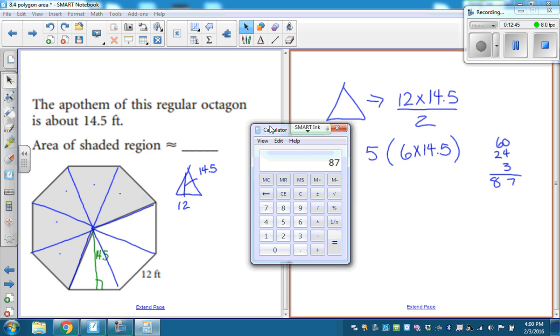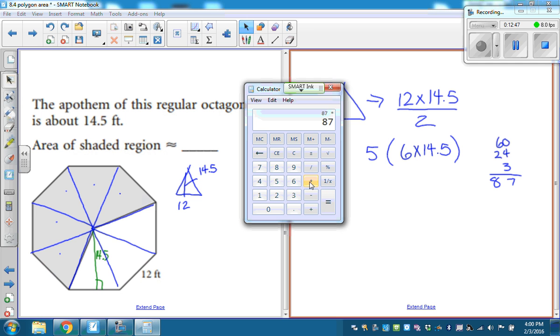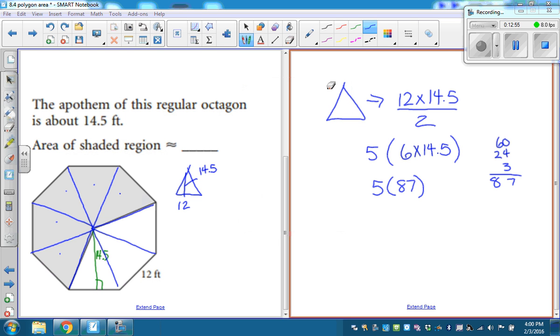And then we're going to multiply that by 5 and get 435. And it would be in feet squared. So one way is just to kind of logically reason your way through it.